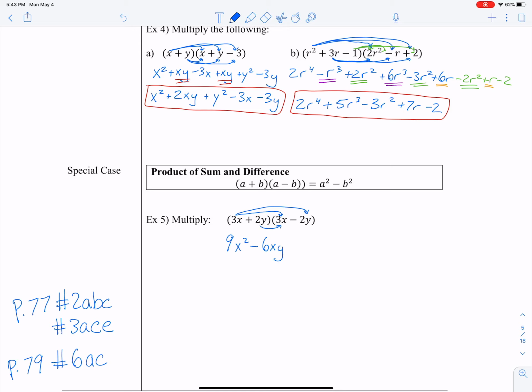2y and 3x, positive 6xy. You can write it as yx, doesn't matter. Notice this is the step that makes them disappear, because we have a negative 6xy and a positive 6xy. So those are going to end up canceling each other out. And then 2y and minus 2y, so we get negative 4y squared.